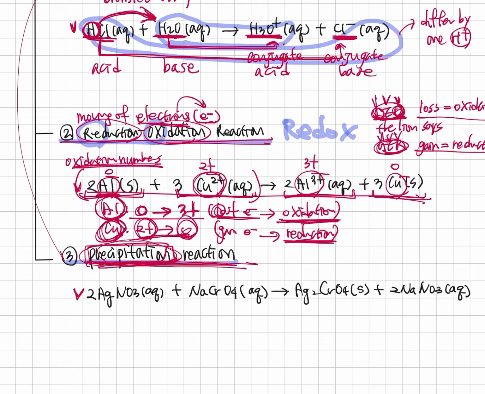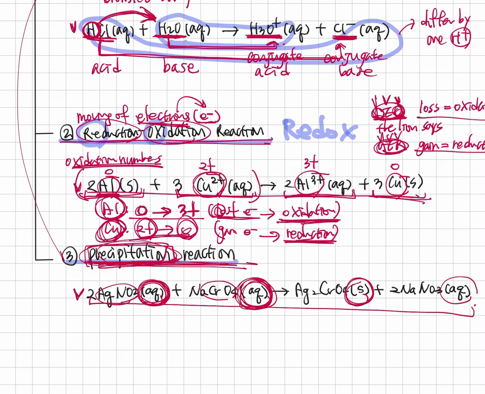So what's important in this equation is not these at the front, but these symbols that indicate to us the state of matter of these compounds. So we had an aqueous solution plus an aqueous, and we got a solid and an aqueous.